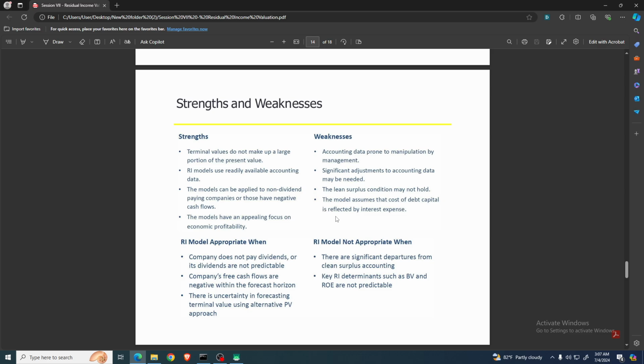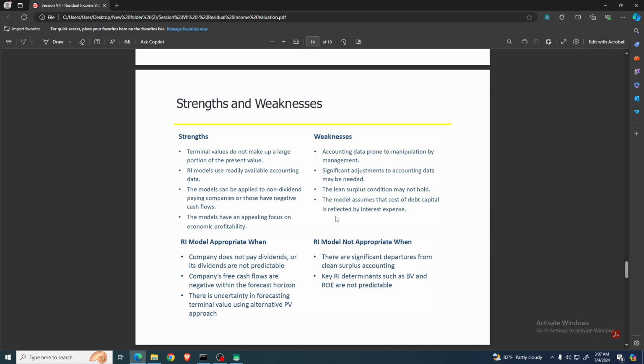And finally, residual income is not particularly suitable to be used when there are unpredictable key determinants. So when key determinants such as book value and return on equity are not predictable, are not really measurable, then the residual income model is not something you should go forward with for the valuation of the organization.